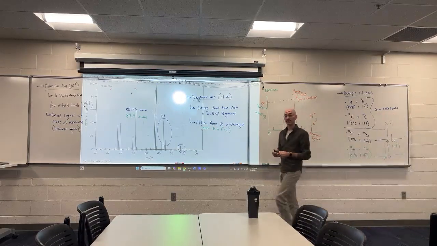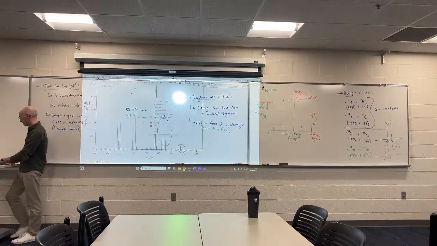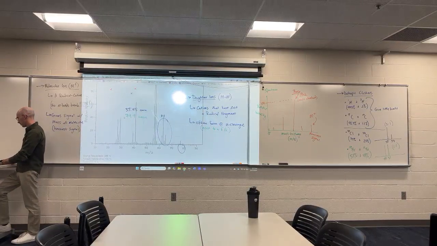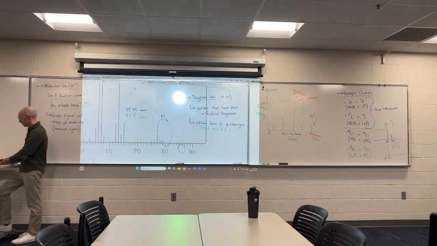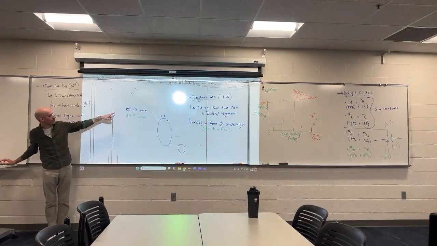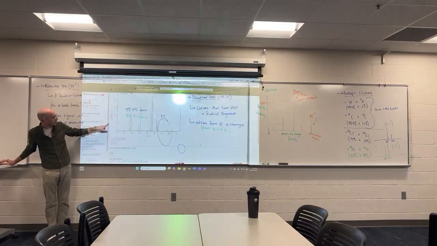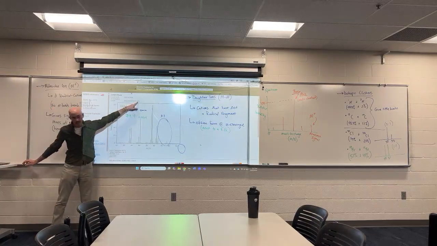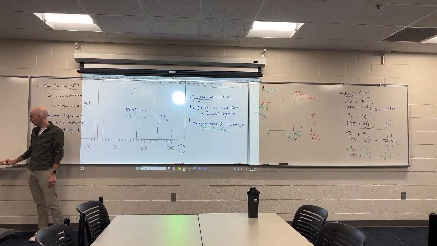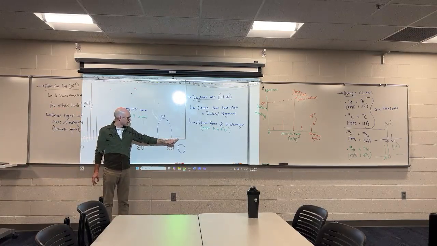The bromine isotopic cluster is a lot easier to find. By the way, before I leave this example, SDBS reports the molecular ion mass as 92 AMU, and we actually see this signal at 92 and 94.